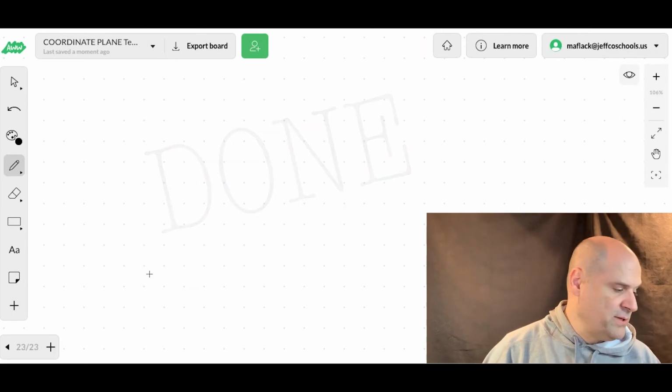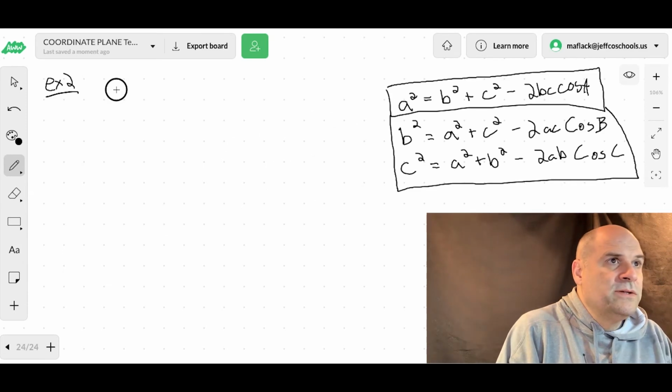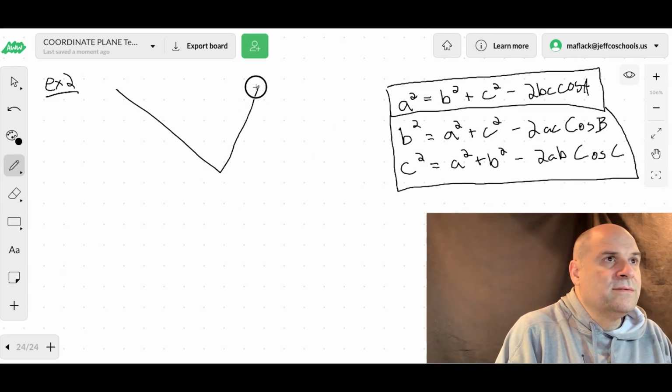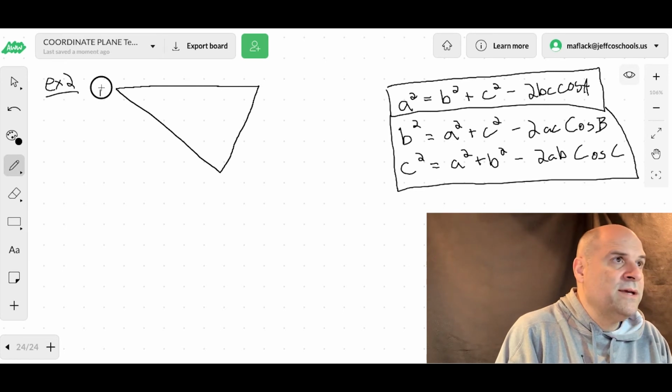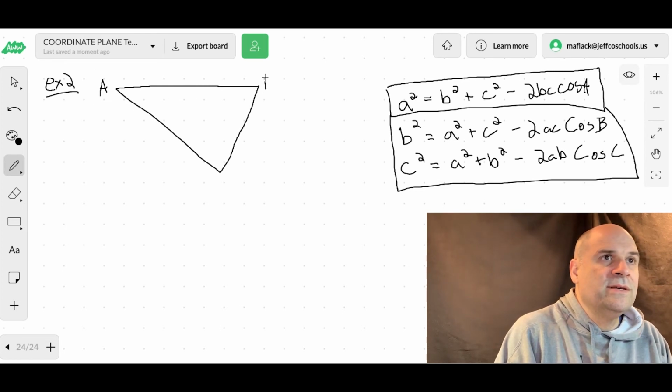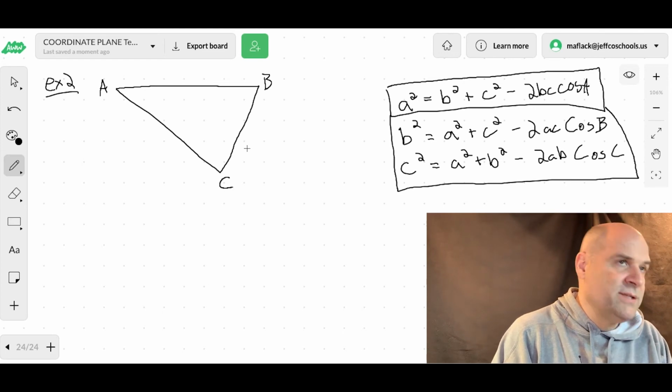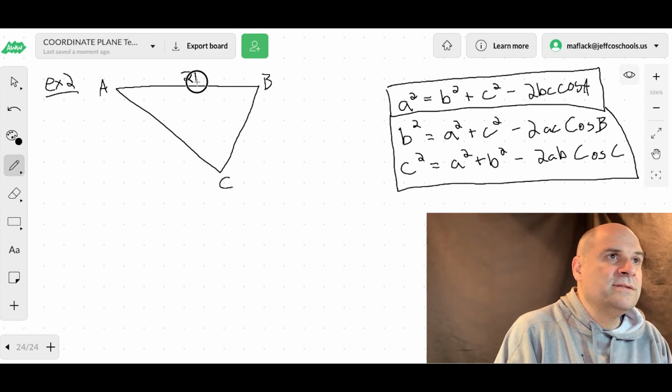Let's try example 2. Here's what our triangle looks like, with vertices A, B, and C. I like it when it's A, B, and C, because then we can just look right at our law of cosines, and it tells us word for word what we need to write.